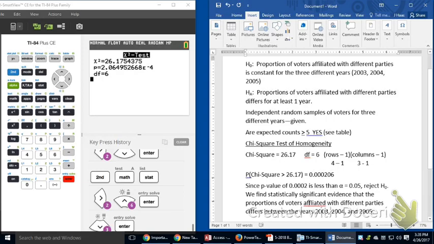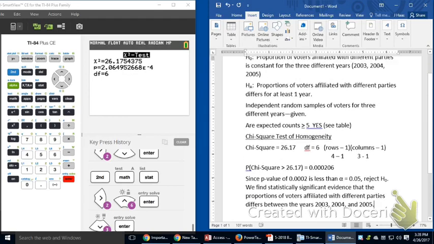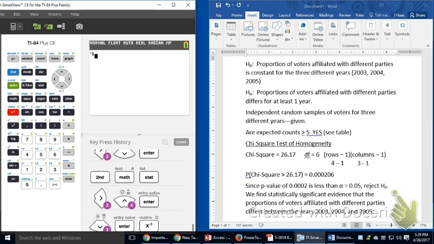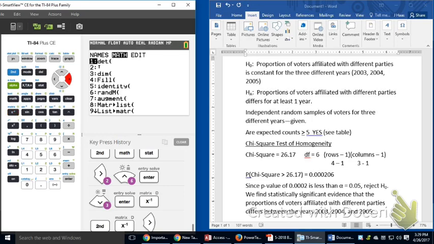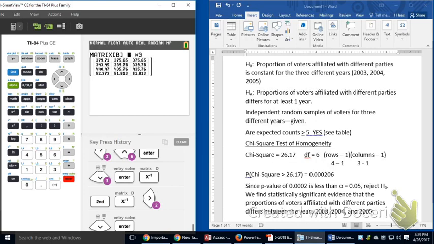Now, it is not an absolute necessity to discuss this every time, but it's a good thing to think about where your differences are the largest. One way you can do this is to go back and look at your expected counts matrix, and basically say, where were these expected counts off the most?